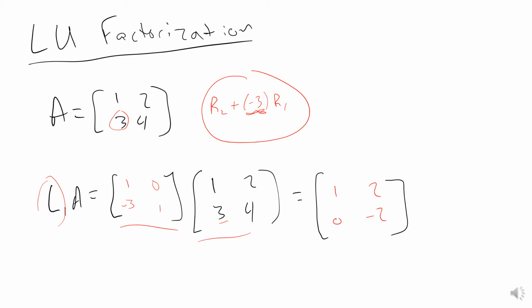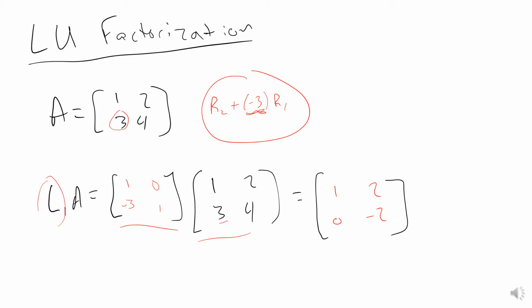So this matrix on the far right, after one step of multiplying by L1, is what we call upper triangular, meaning that we have a 0 below the diagonal, and then you can have any other entries along the diagonal and above the diagonal.